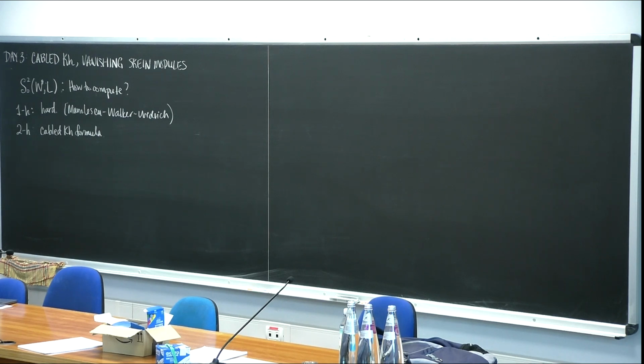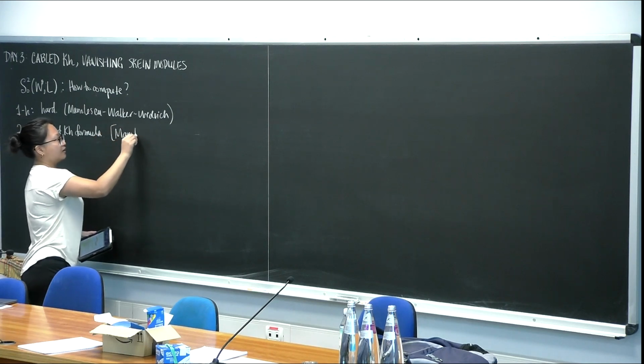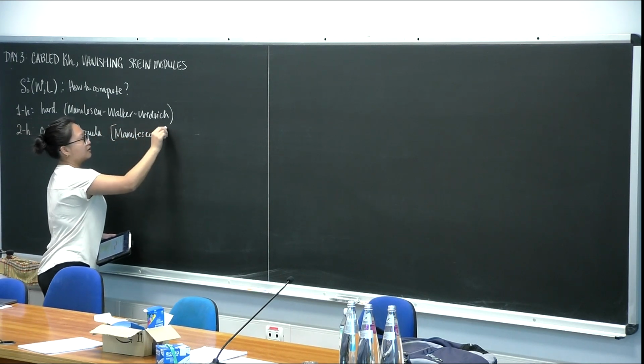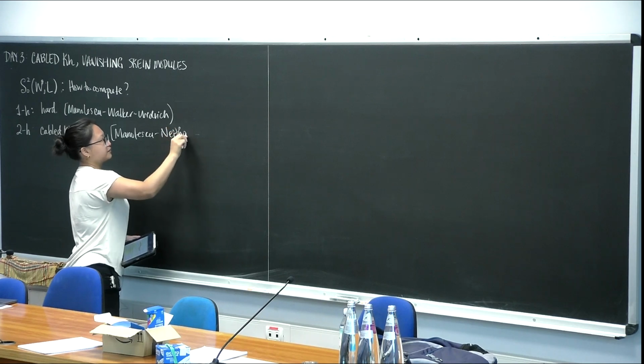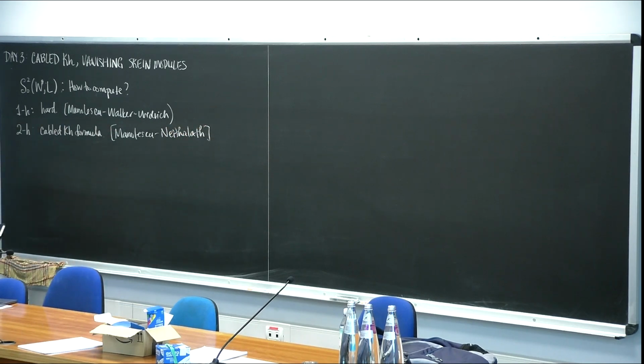It's a kind of an infinite process if you're a computer. But still, it relies on your ability to compute Khovanov homology of cables and things, so it's a little bit more familiar. And this is the main reference for today, Manolescu and Neithalath, which we will talk about.